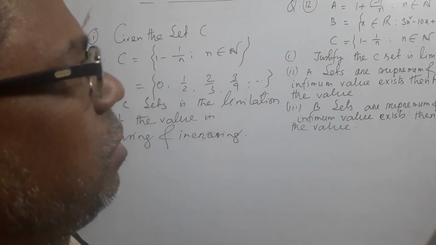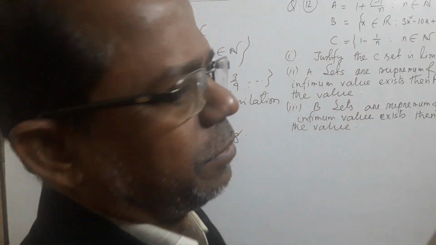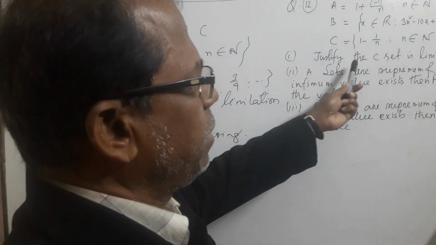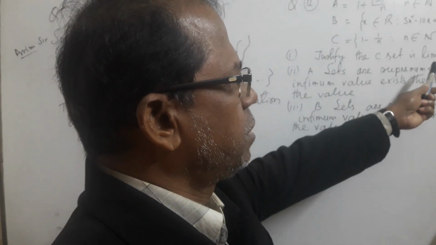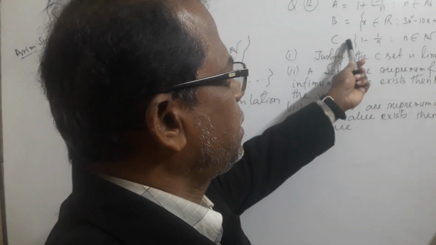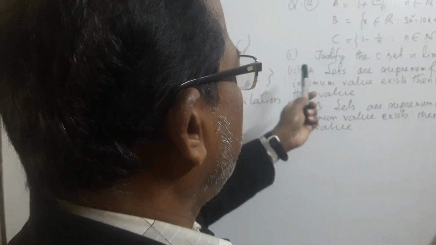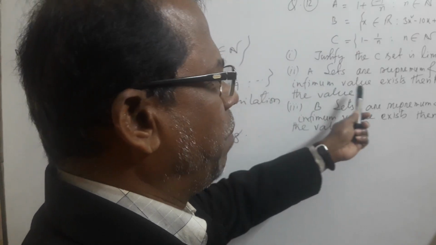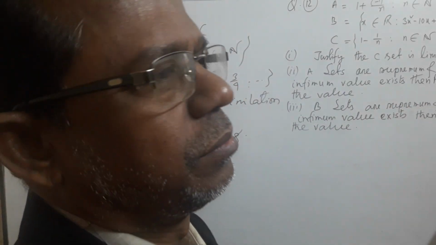I think we should discuss the question, firstly A, B and C. Question number 1: check whether the C set is bounded. Question number 2: do the supremum and infimum values of set A exist, then find the values.